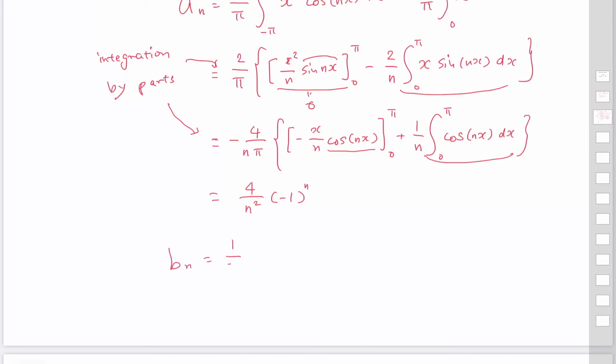This is 1 over pi, integral from minus pi to pi of x squared sine nx dx. But x squared is an even function and sine is an odd function, so the product is an odd function. An odd function integrated from minus pi to pi becomes 0. So b sub n is 0.